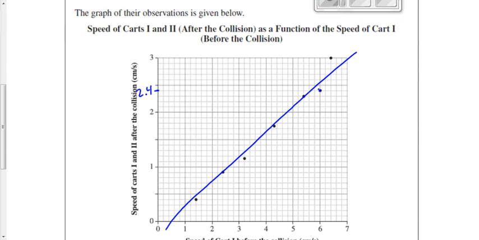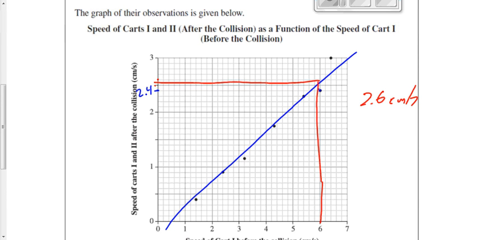We wanted to find here the speed of the combined mass if the speed of cart number 1 was 6 centimeters per second. So we go up, we go over, and it looks like we get about 2.5, 2.6. This would be 2.5, this would be 2.6, 2.55 or 2.6 centimeters per second.